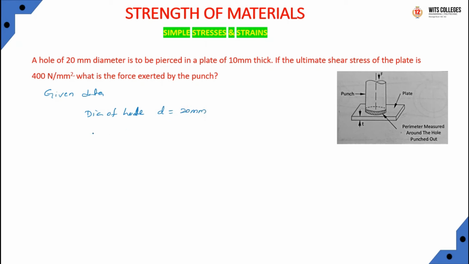As well as plate thickness, that is small t, is 10 mm, and shear stress, that is tau equals 400 Newton per mm square.